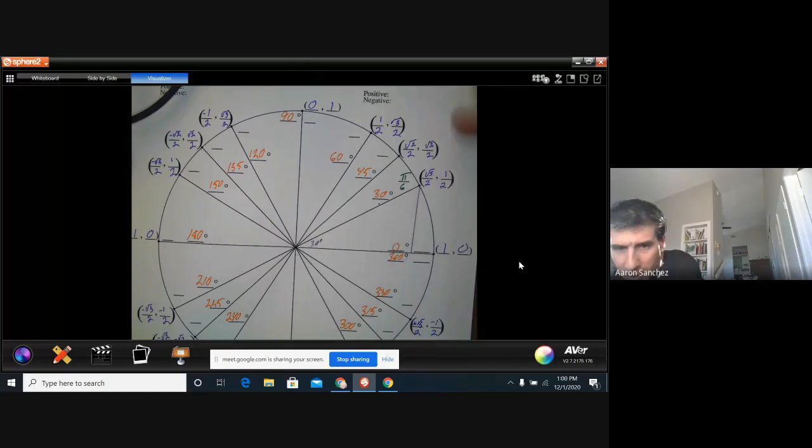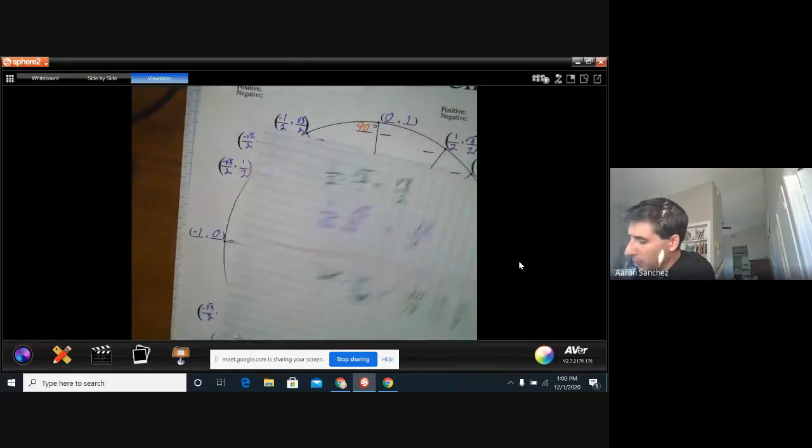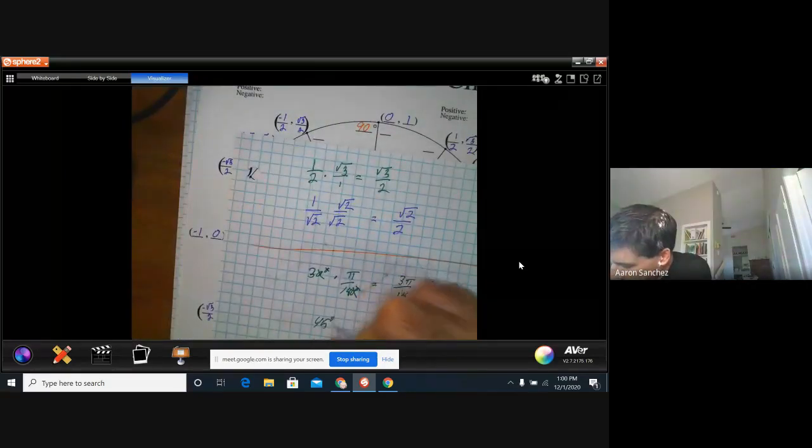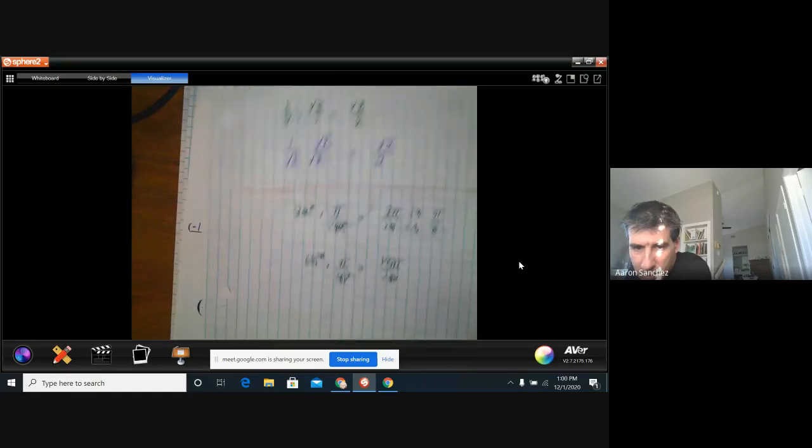And you can do that with all of them. What's 45 degrees? 45 degrees times pi over 180 is equal to 45 pi over 180. You guys see that?